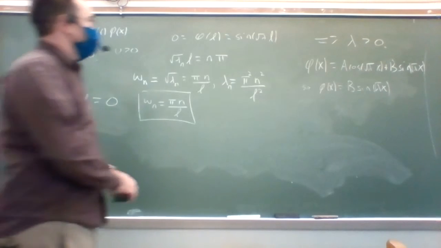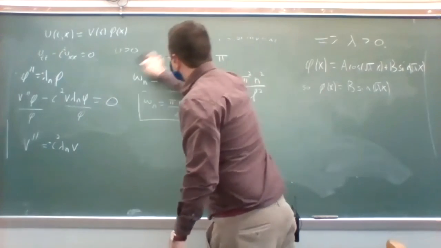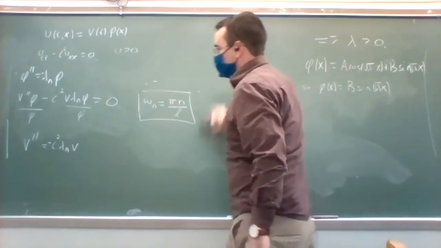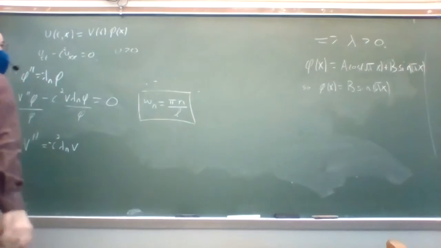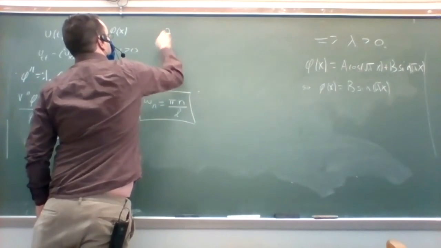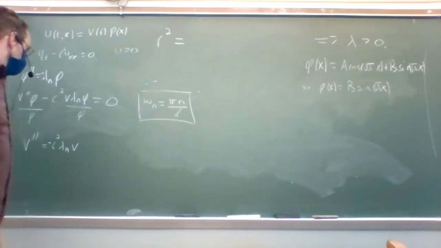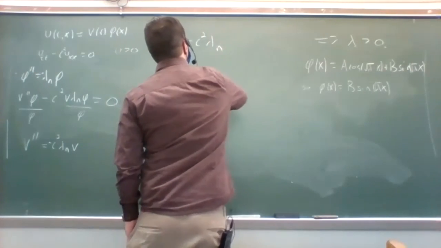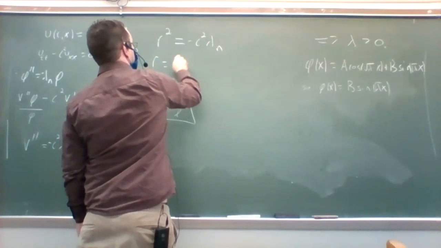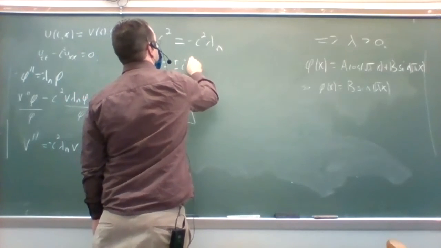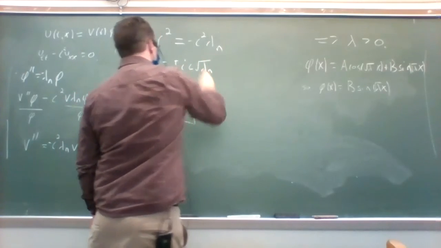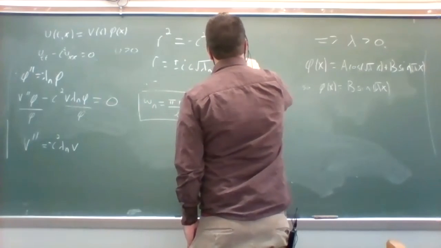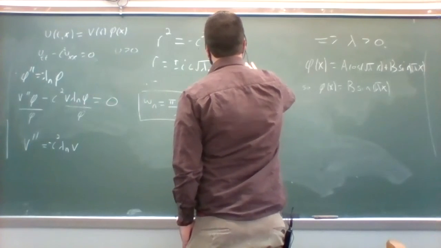Let's write down the characteristic polynomial for this ODE. You can write it down straight away: r squared equals minus c squared lambda n, and therefore r is equal to plus or minus i times c times the square root of lambda n.